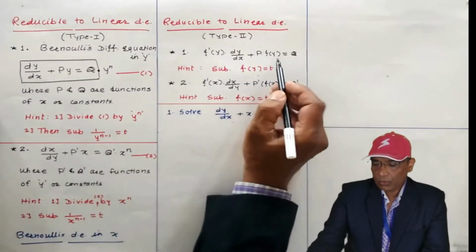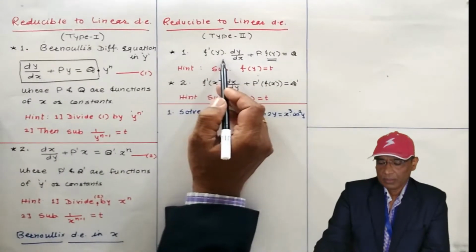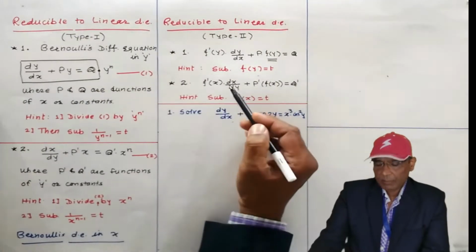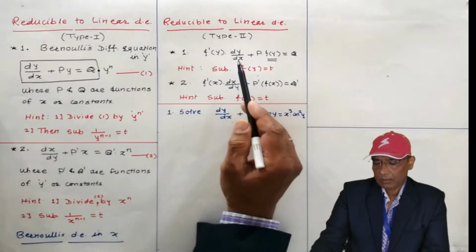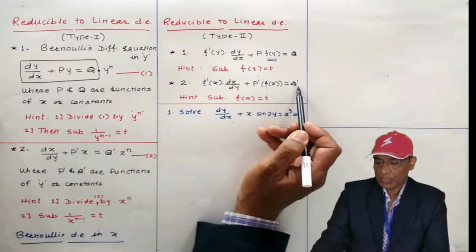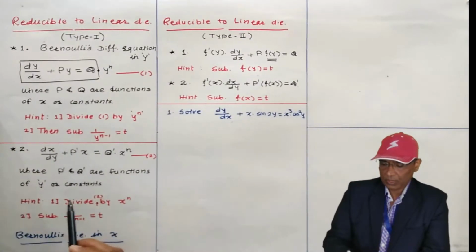The derivative of the coefficient of p gets repeated in the first term. Substitute f(y) = t and go on solving. The same thing here with y and x interchanged: f'(x) dx/dy + p' f(x) = q', where p' and q' are functions of y or constant.